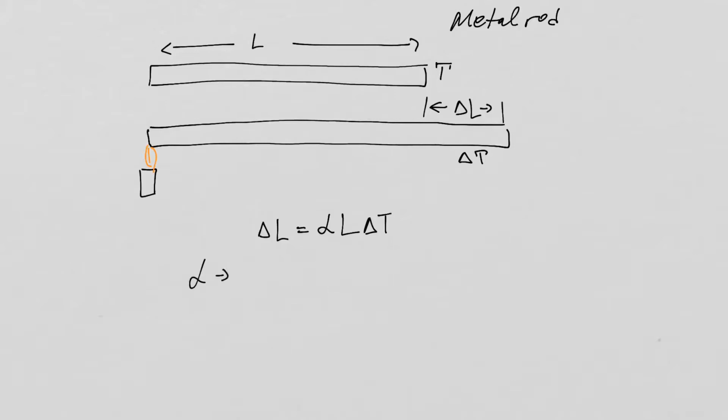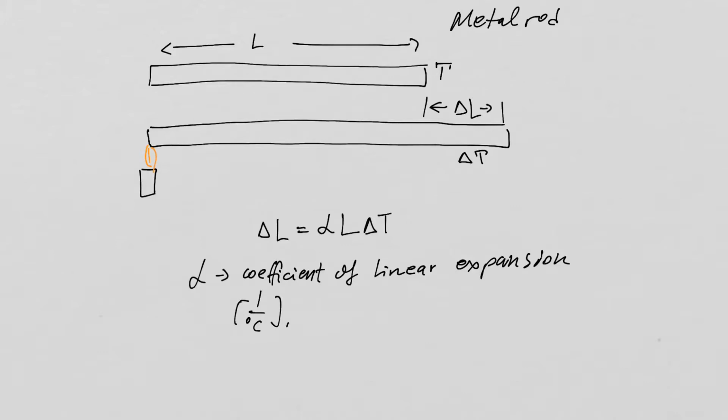Coefficient alpha, the coefficient of linear expansion, is measured in units of 1 over degrees Celsius or 1 over degrees Fahrenheit.